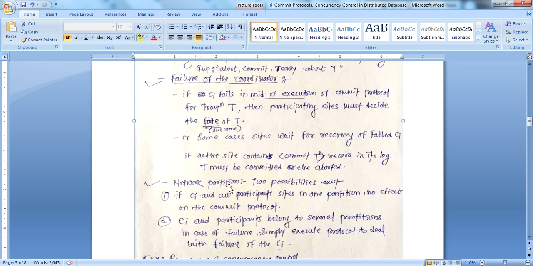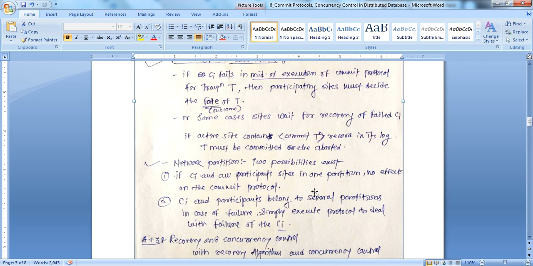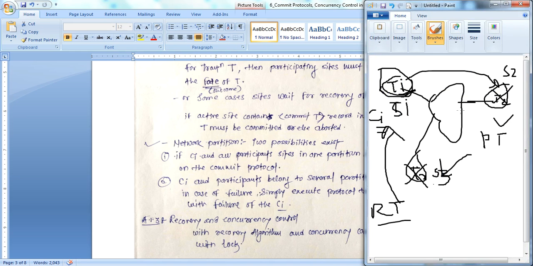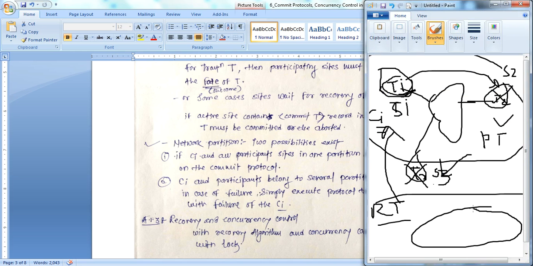Now network partition. Two possibilities exist under network partitions. If CI and all participant sites are in one partition, there is no effect on the commit protocol. If all the sites are in one partition, and this one is another partition, then there is no effect on the commit protocol.